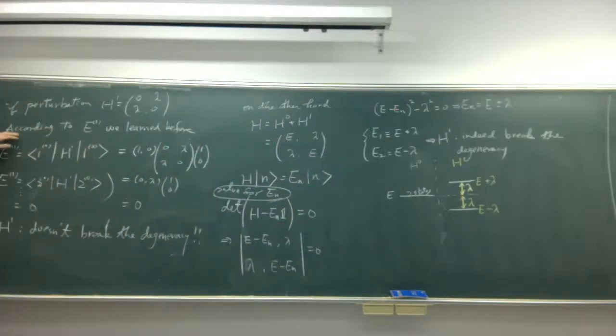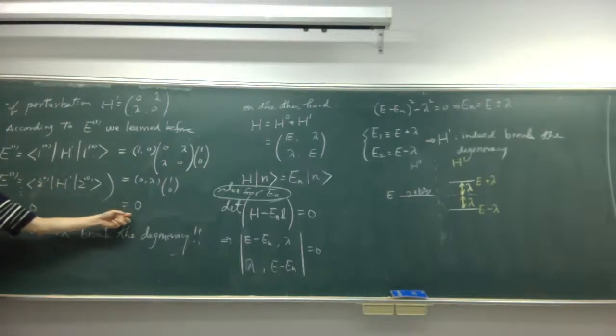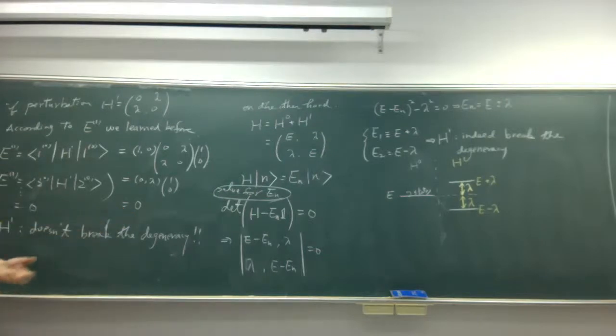If we use the formula we derived before, obviously the correction to the energy is 0. Then you may say, well, you are calculating only the first order. Maybe there's a correction in the higher order, right? But is that true?